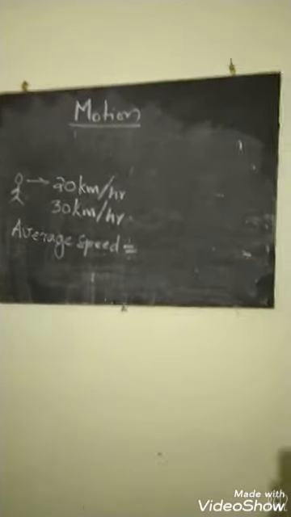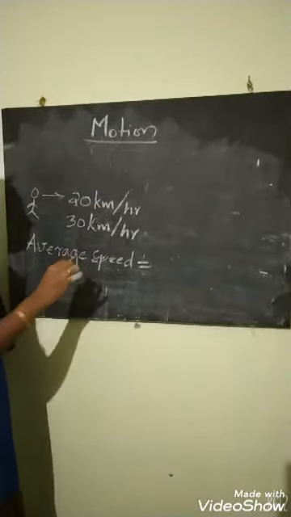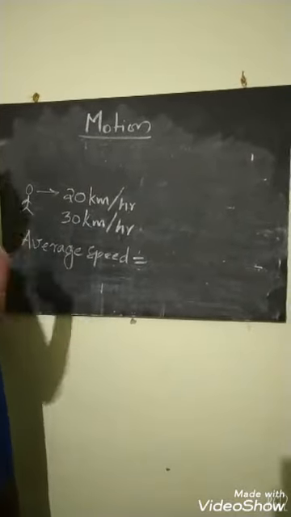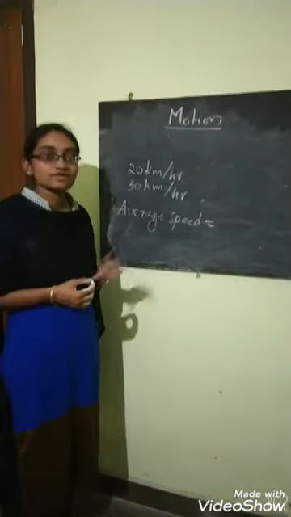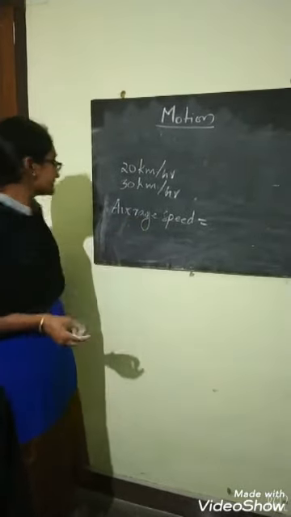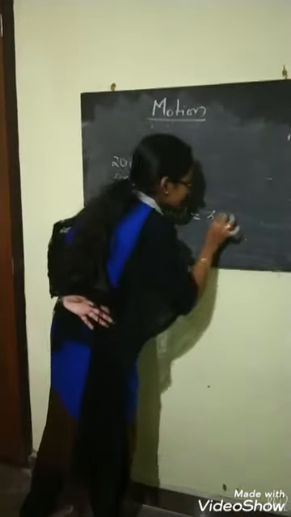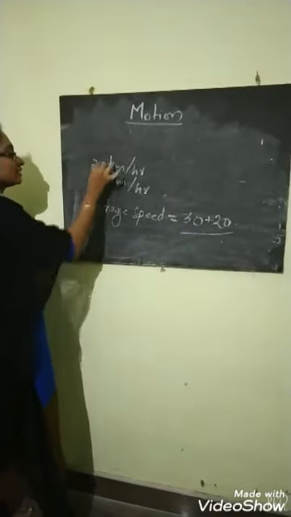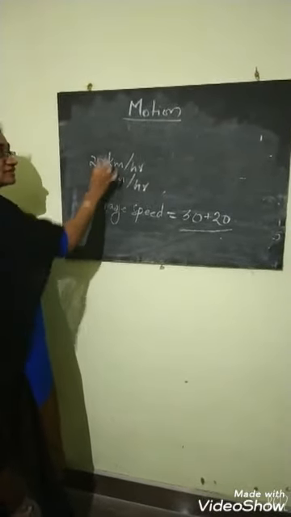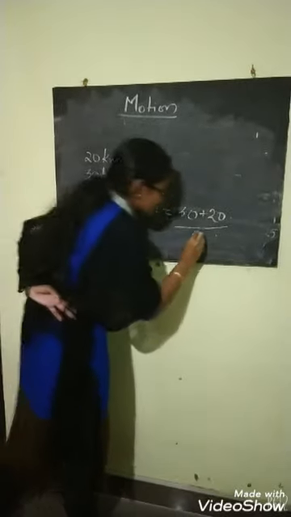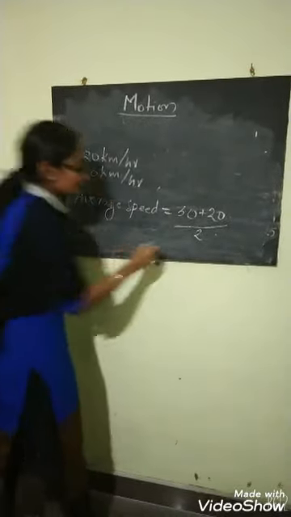In this problem, we don't need to convert these values into meter per second. So now the average speed is 30 plus 20 by 2. 2 is the number; if we had 3 values, it would be 3. Now it's 2. Then what is the answer?